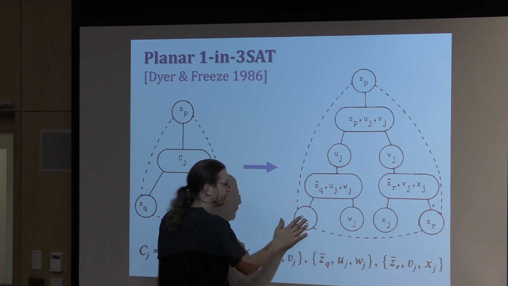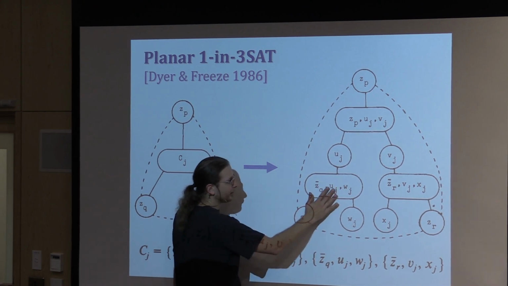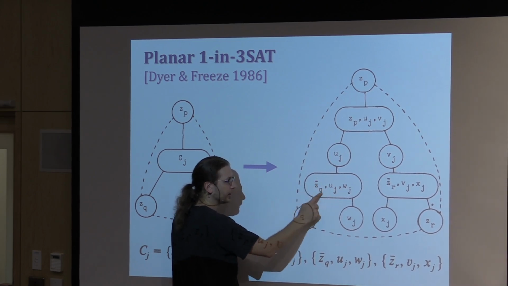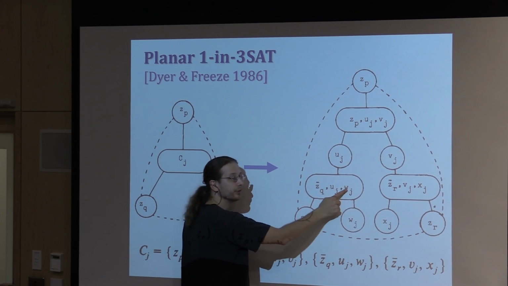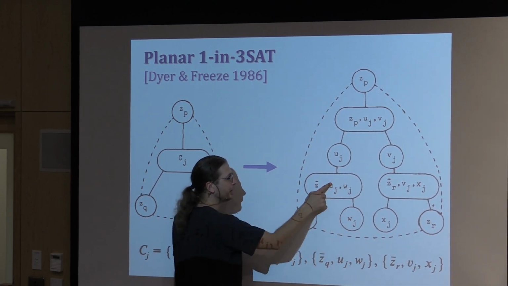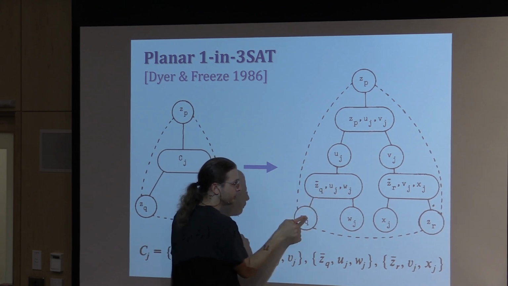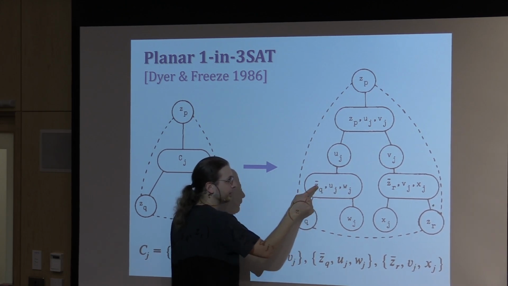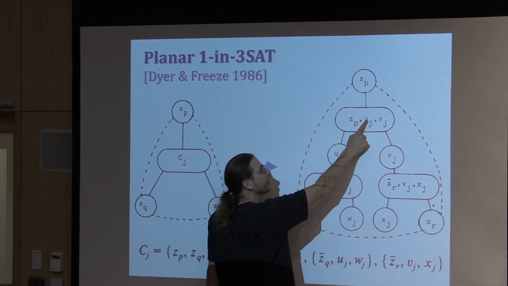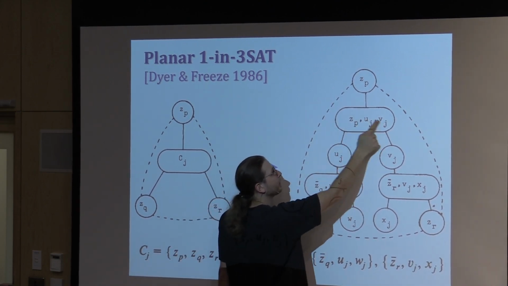Let's say this variable is 0, easier to reach. That makes this guy satisfied, which means both of these must be false. This variable is just hanging out. It's just to make everything degree 3. So if this is 0, this is 1, so this must be 0, so this is 0, this is 0. That means exactly one of these should be 1.